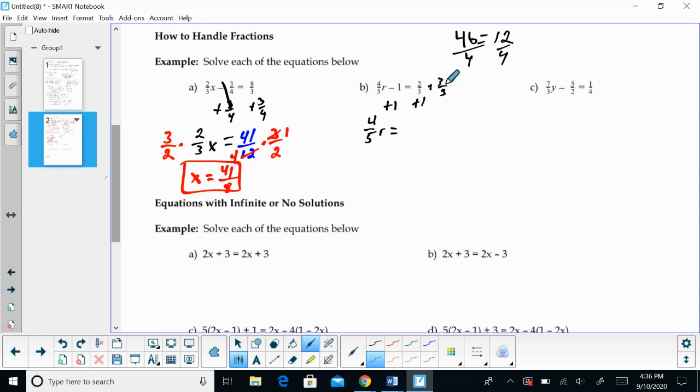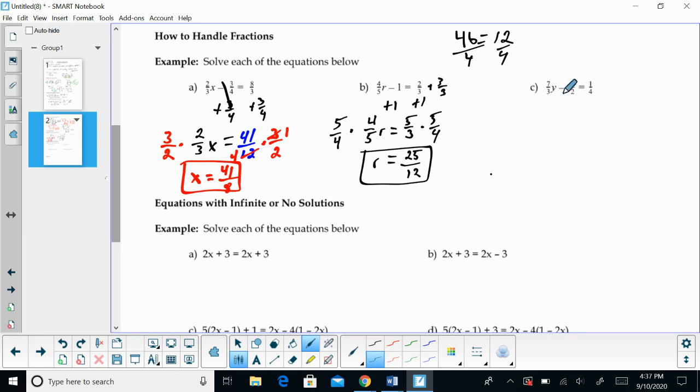So I'm adding across. 2 plus 3 is 5/3. Now to do my multiplication, again, we multiply by the reciprocal, 5/4. This time I can't cancel anything out beforehand, so I would just have 5 times 5, 25, 3 times 4, 12. And that is as simplified as it gets.